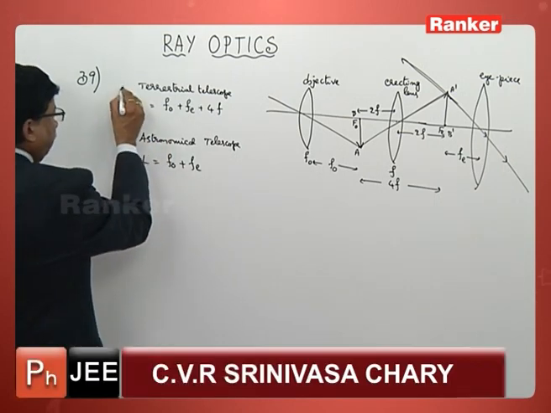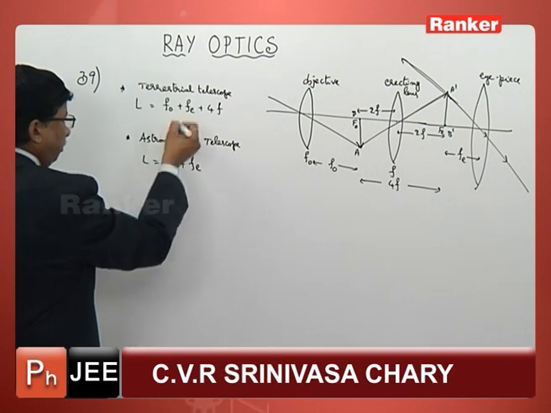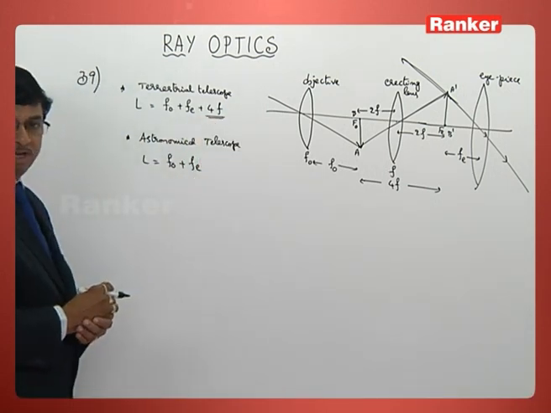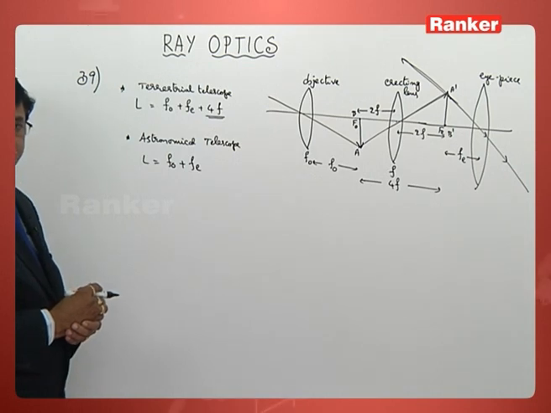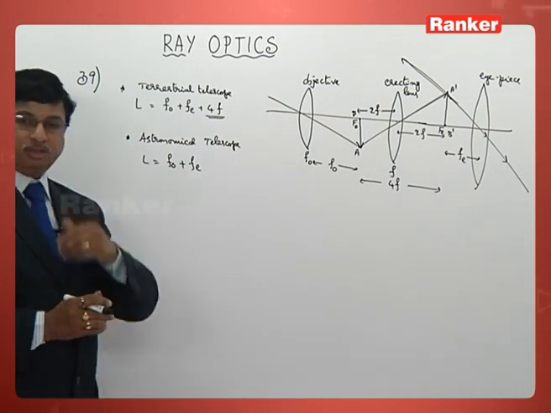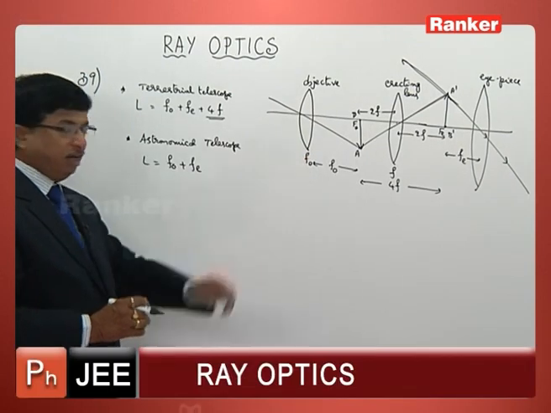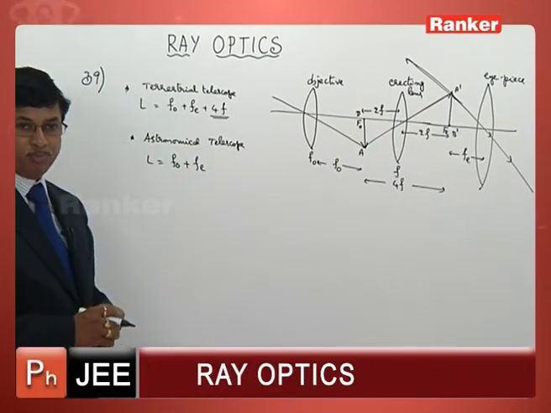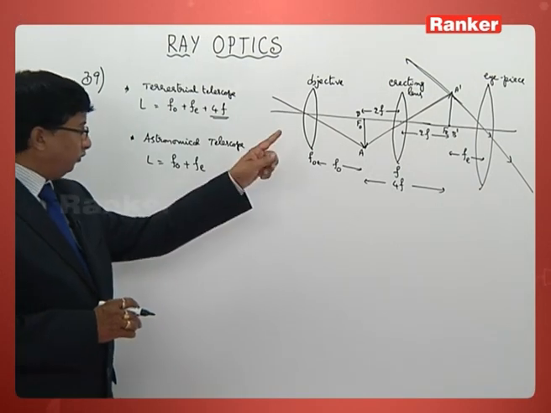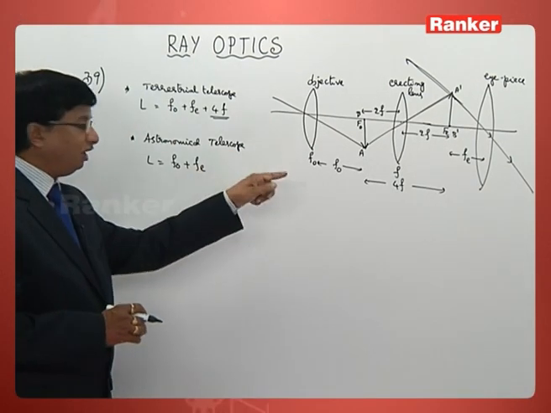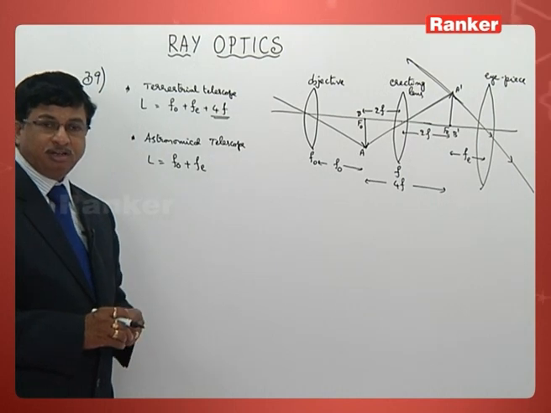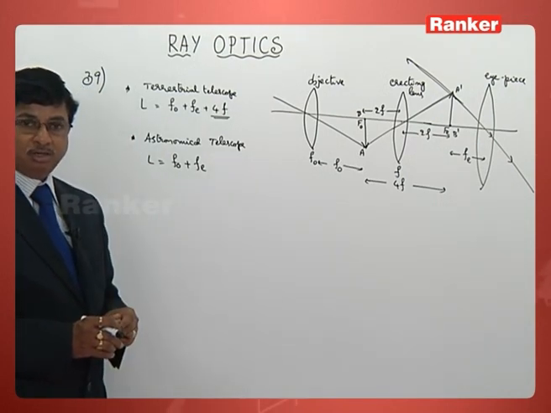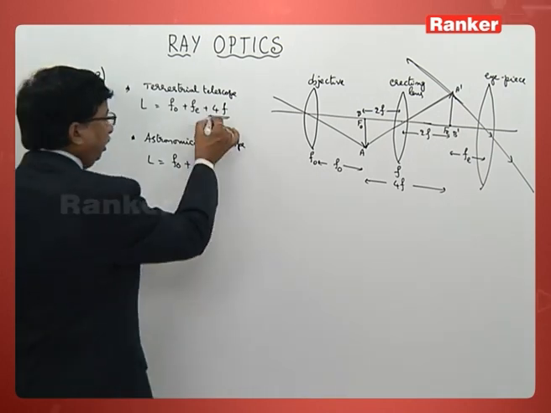So if you take the first one and second one and compare them, what is the additional length you are getting? Additional length is nothing other than 4F. So that is what he is asking you. When you are introducing an erecting lens in between the objective and eyepiece of an astronomical telescope, and if the focal length of the erecting lens is given as F, then the length increases by an amount of what? By what amount over here?